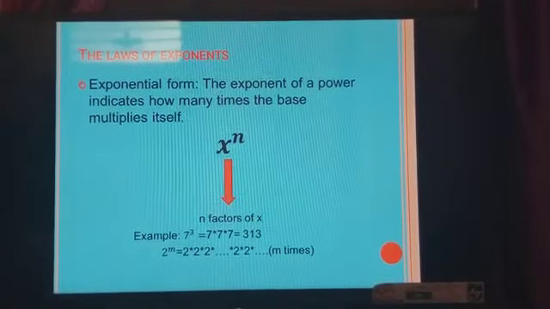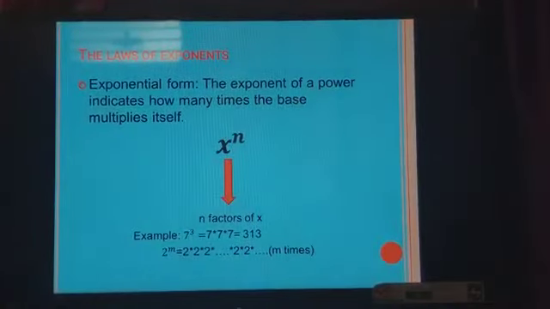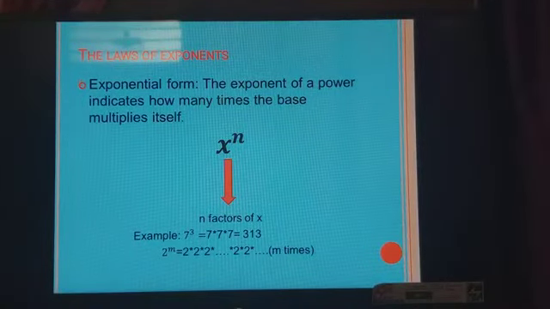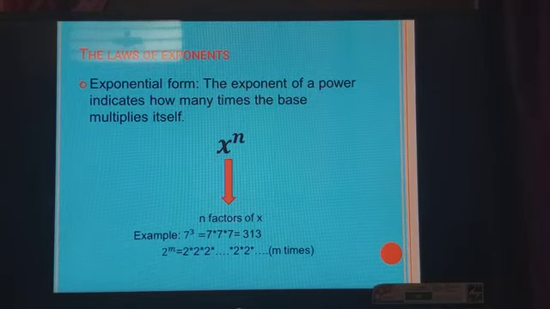In a very generalized way, we can say that is exponential form. The exponent of a power indicates how many times the base multiplies itself. For example, x raised to n means n factors of x.